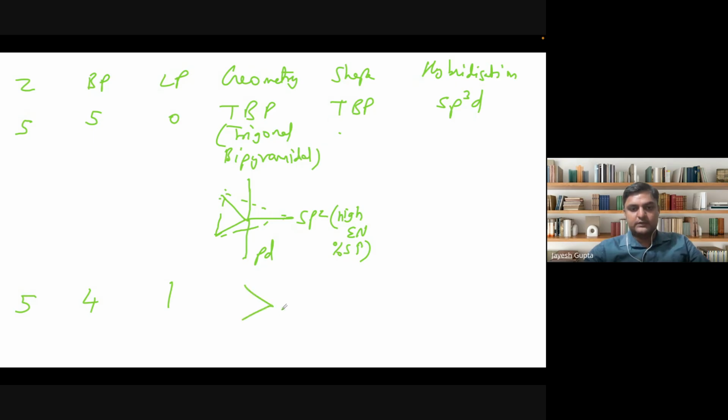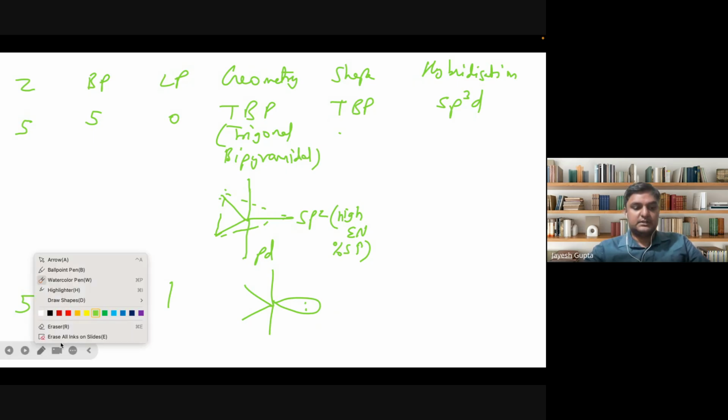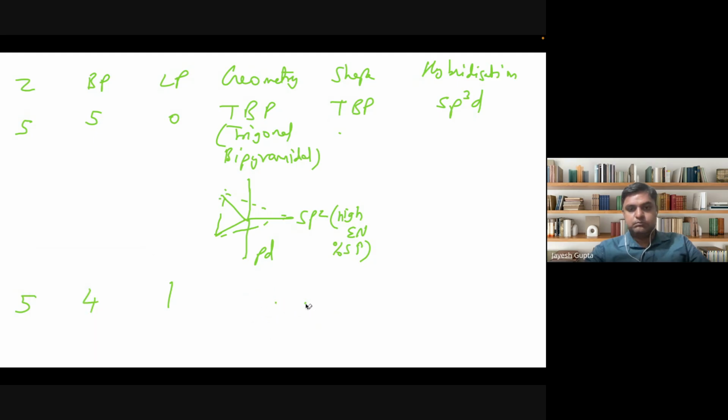In equatorial, one of the lone pair you put like this one, and the other two will be axial. So it will be looking like this one. Okay, so let me make this here. So geometry will be TBP, but can you tell what will be the shape?